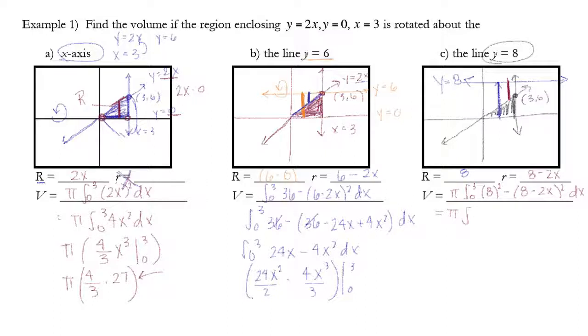Now I will leave some of it for y'all to do, of course. Let's see, 8 squared, 64, minus 16 doubled, so 32x, plus 4x squared. All right, and again, go ahead and integrate, collect your like terms, and do your integration, and then you should be good.